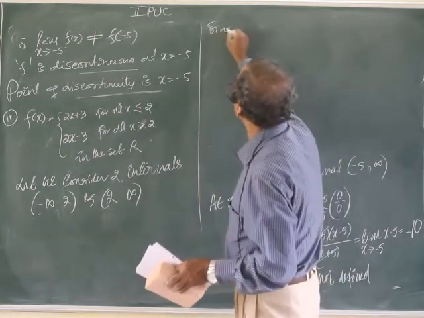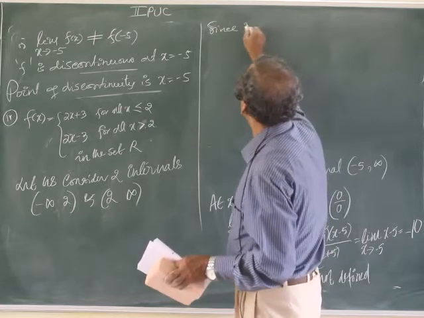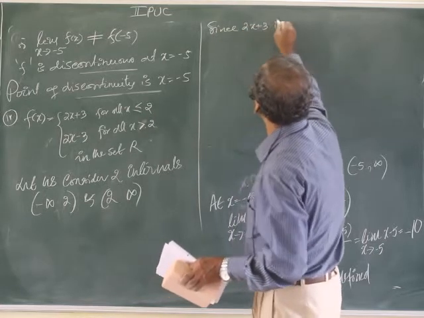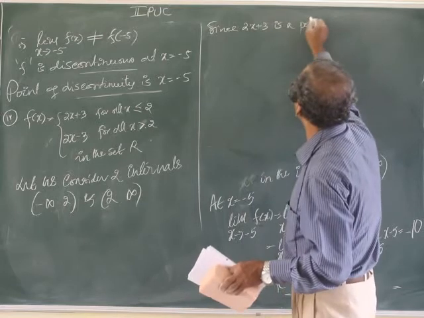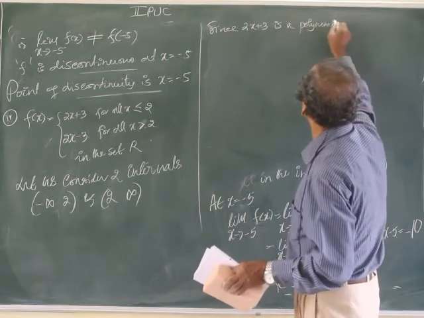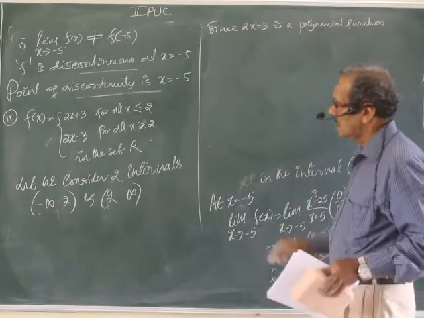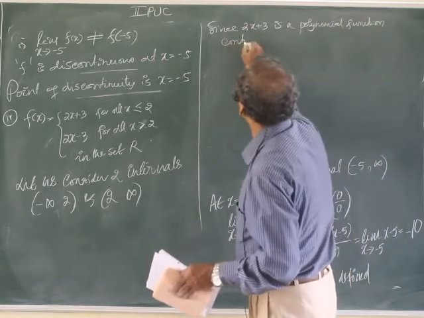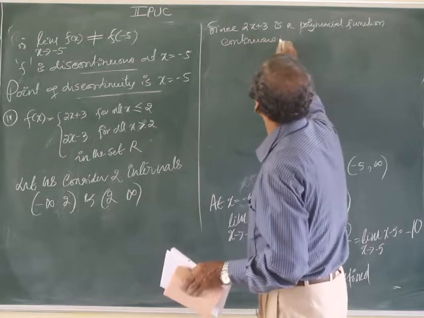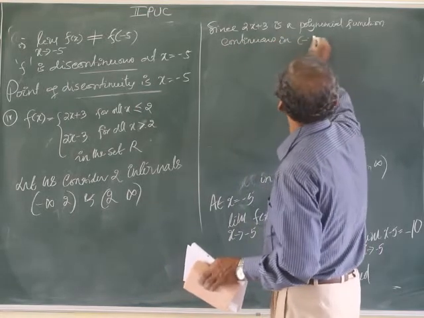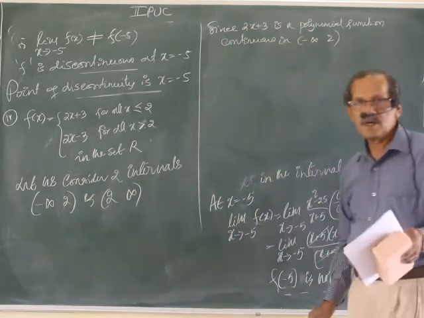Let me write like that. Since 2x plus 3 is a polynomial function, it is continuous in minus infinity to 2, no doubt.